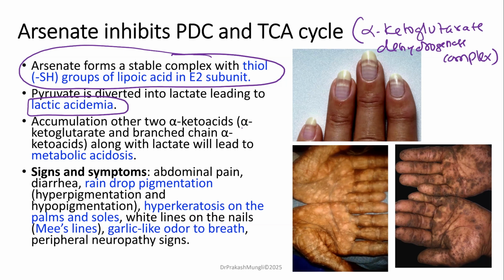So the patient will show elevation of alpha ketoglutarate and branched chain alpha keto acids, overall giving rise to metabolic acidosis. It is just like when you block the E3 gene and then all these things are elevated. Here also, you are blocking all three enzyme activities by attaching arsenate to the E2 subunit. All three enzymes are down, leading to metabolic acidosis.